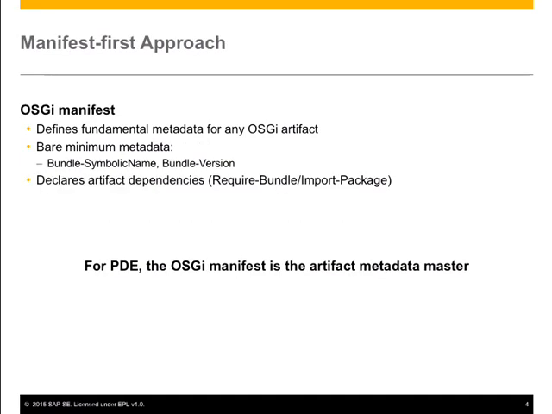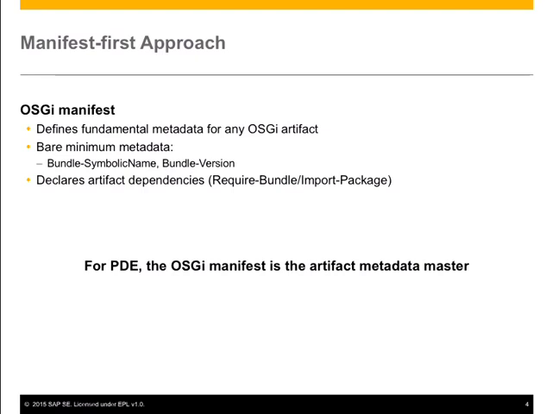Now you know that since Tycho is trying to provide a way for Maven to build artifacts in a manifest-first approach, there's also another approach, which is what PDE more or less defined. And this is actually in contrast to what we just talked about.